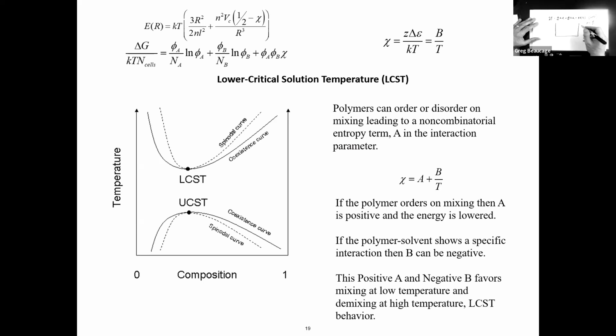You get phase separation. And if temperature is a high value, chi goes away, and then you get mixing. So you plot delta G over kT against composition, you get this kind of thing. You can think of it as a smiley face. And so that smiley face means it's miscible.